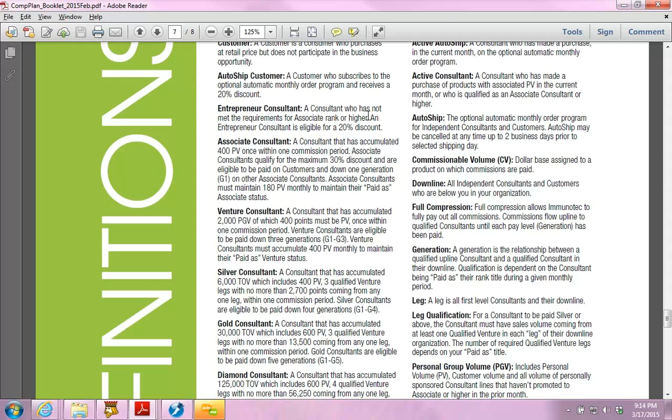So sometimes you'll see people online looking like they're an entrepreneur. They're really going to turn out to be an associate or a venture, but they won't look that way until the month closes and they run the commission checks.